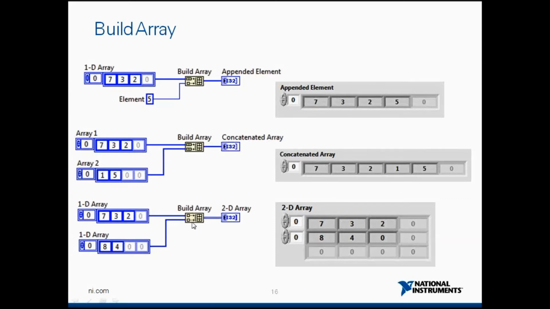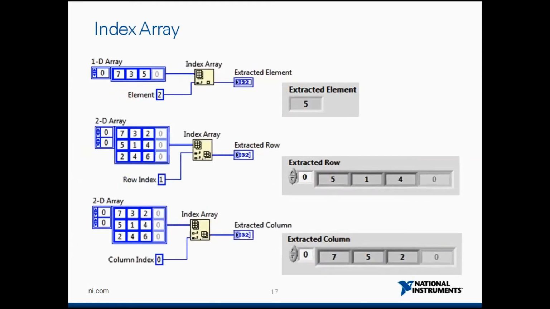But if I choose to not concatenate the inputs, then if I give an input of 2 one-dimensional arrays to the build array function, the output will be a 2D array such that each of these elements given at the input will form a fresh row in the 2-dimensional array. So here as you can see, I have an n-dimensional array with 2 rows because I have given 2 arrays to it.